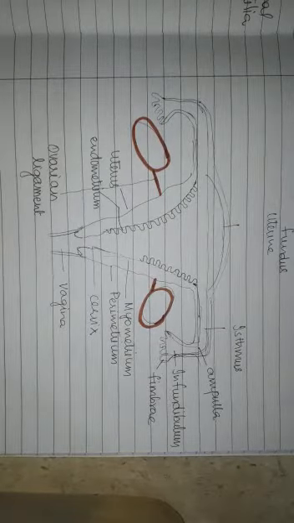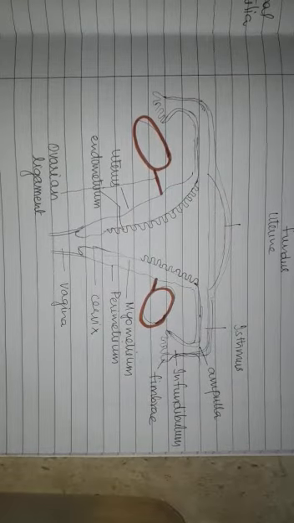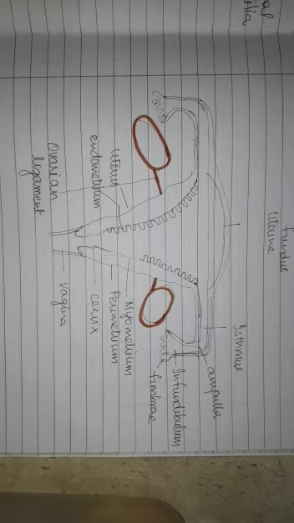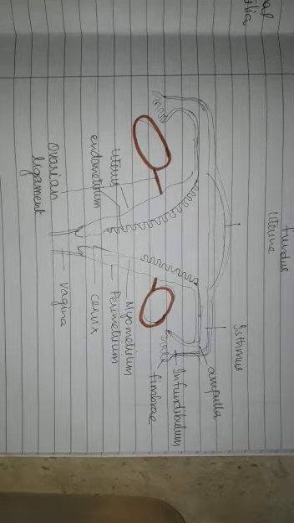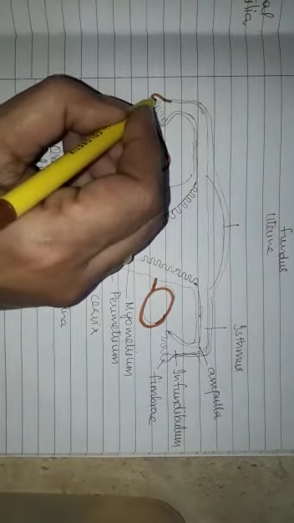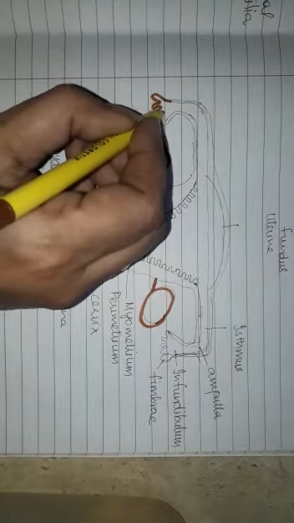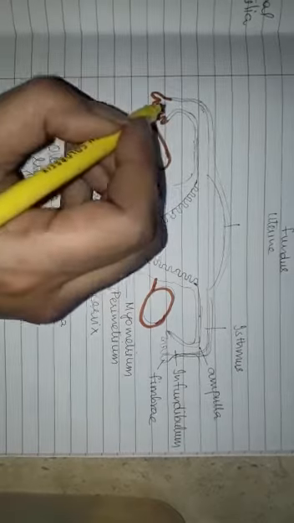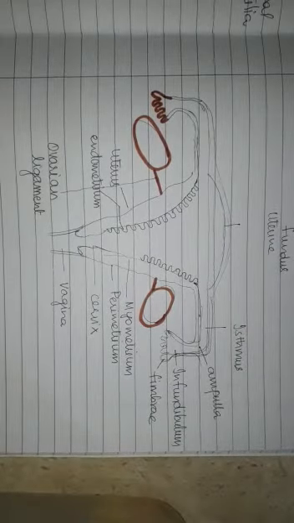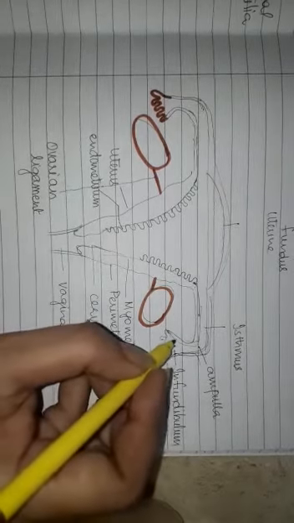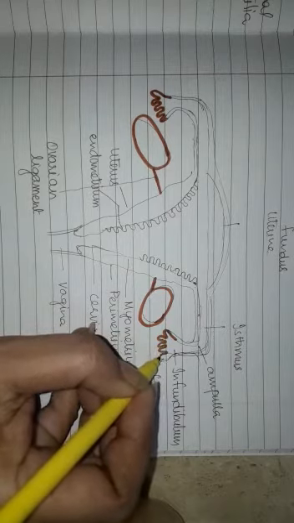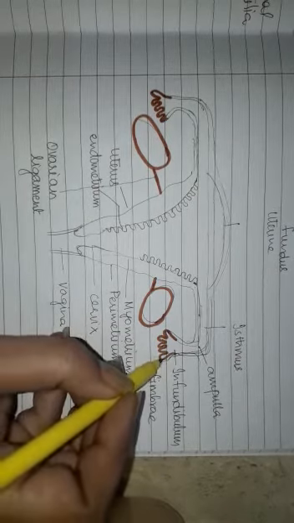There are four regions in the fallopian tube. First is the broad funnel shaped part, which has finger like processes called fimbri.